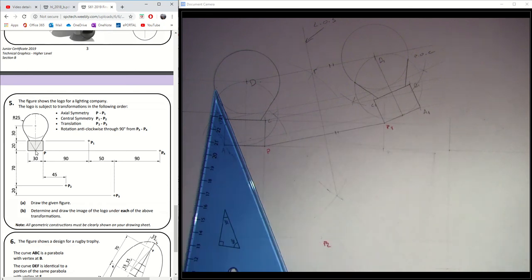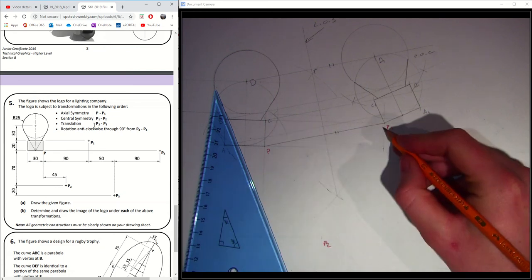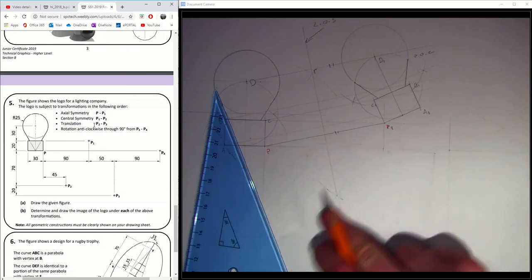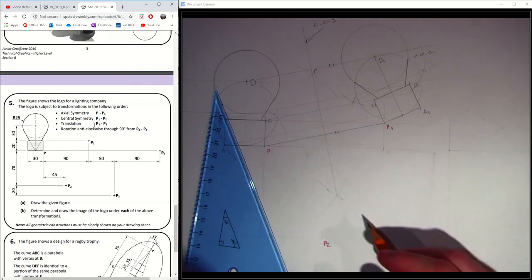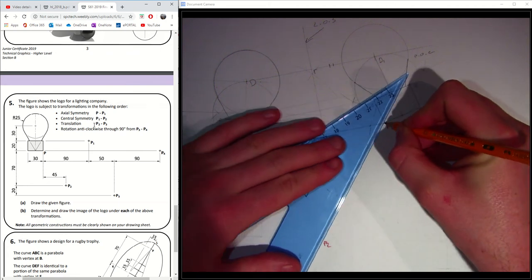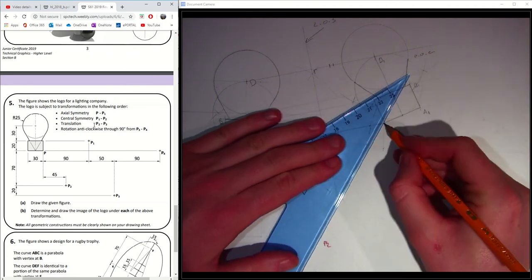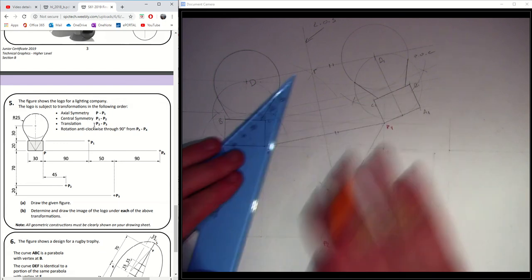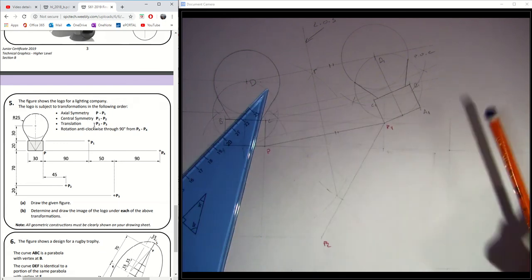Now, the next part of the question is asking us to carry out central symmetry from the point P1 to P2. Okay, so I'm just going to highlight. So here's P1, and I have P2 here. With any transformation, the first thing we need to do is join the 2 points. So I'm joining P1 to P2, like that. Okay. Next one, this is a line of symmetry.